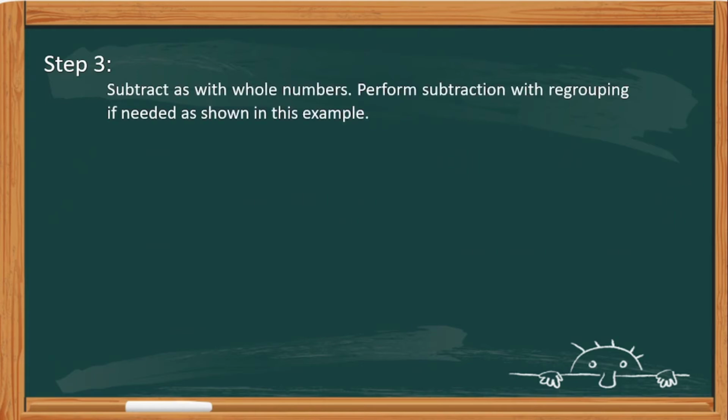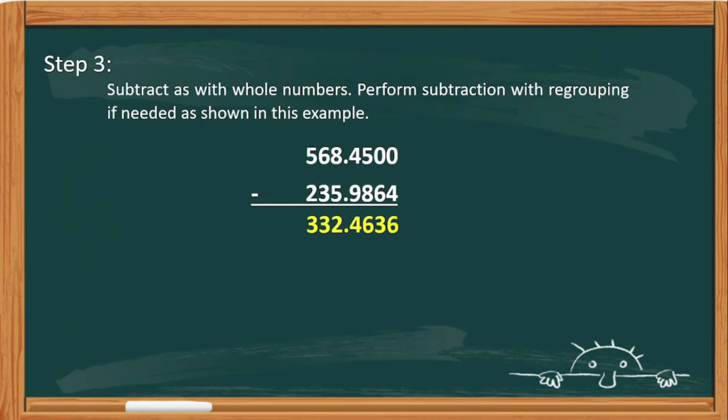Step 3. Subtract as whole numbers. Perform subtraction with regrouping if needed, as shown in this example. 568.4500 minus 235.9864 is equal to 332.4636.